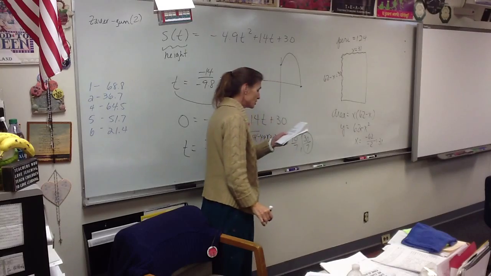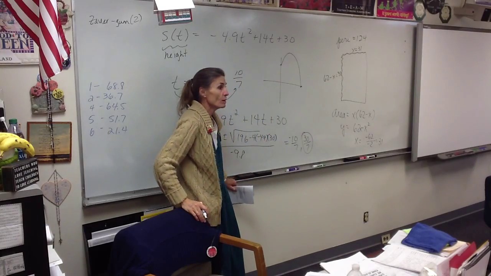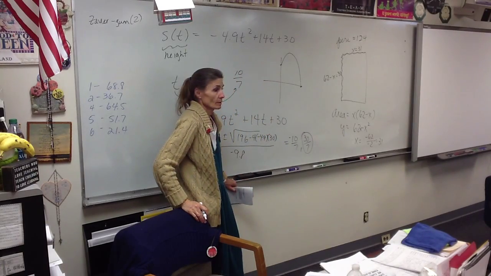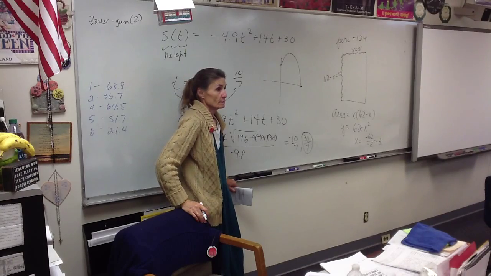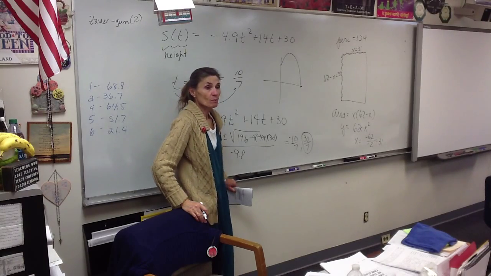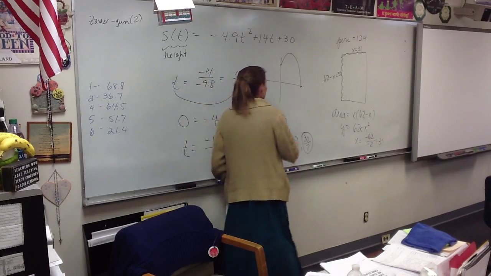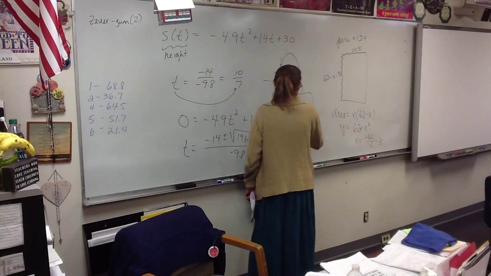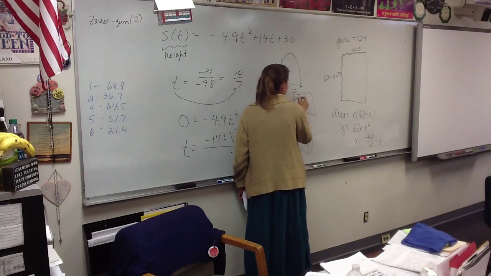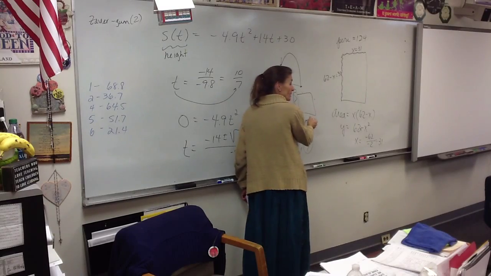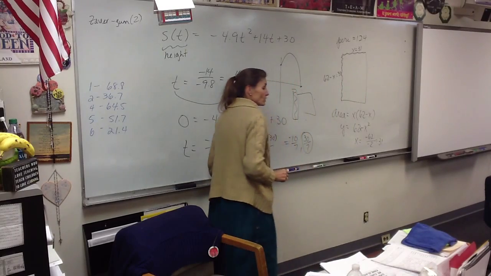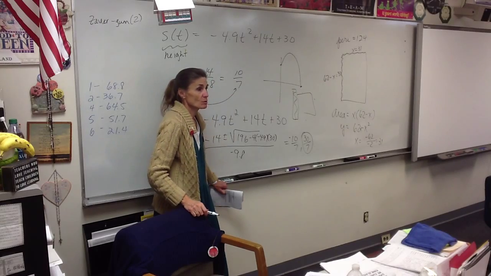I got the dimensions to be 31 by 31. Interestingly enough, if you want to maximize a rectangle, it's always a square. Now, that didn't happen in our fence problems because we weren't using all four sides. Remember, we were only using 3 sides? But if you're using all 4 sides, the maximum will always be a square.